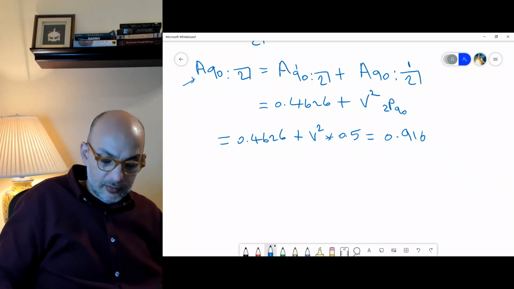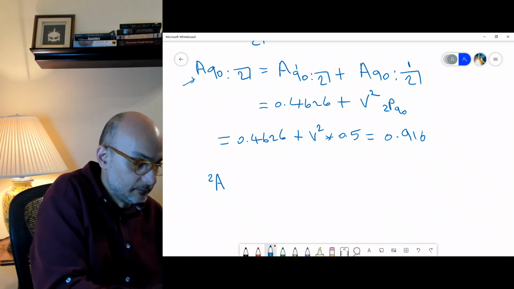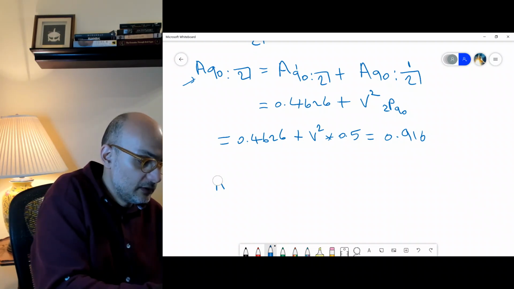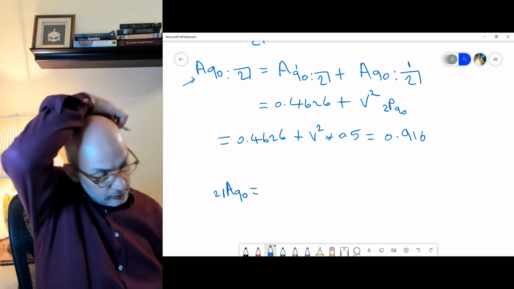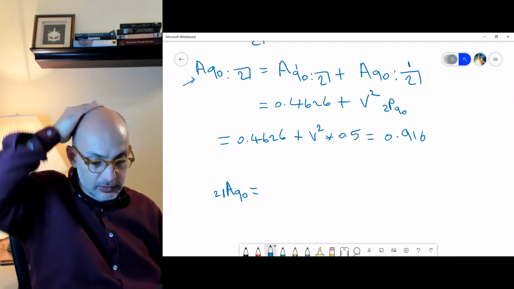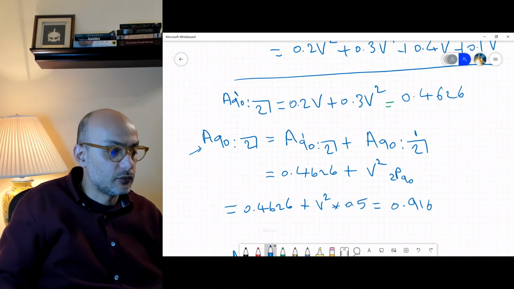So now let's also find another one, the 2-year deferred annuity, 2A90. We did the 2, where we will defer it for 2 years. So this deferred annuity for 2 years, you can do it in multiple ways.